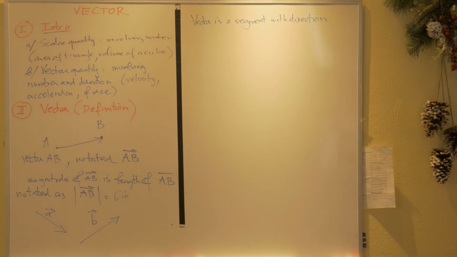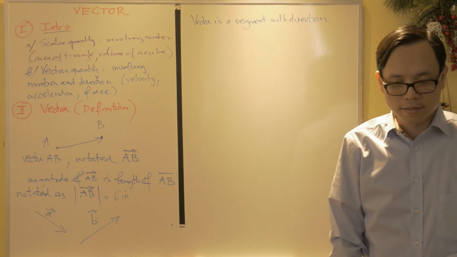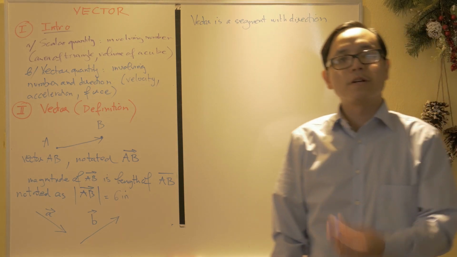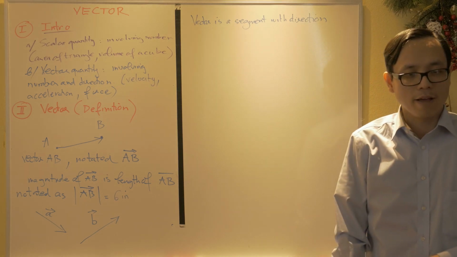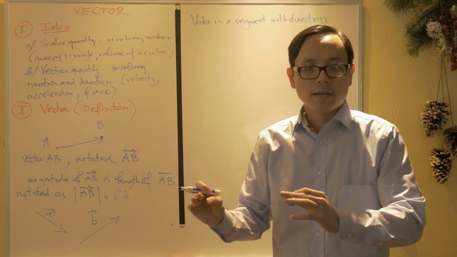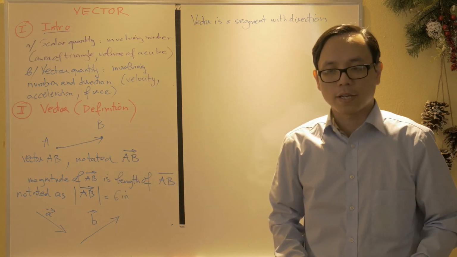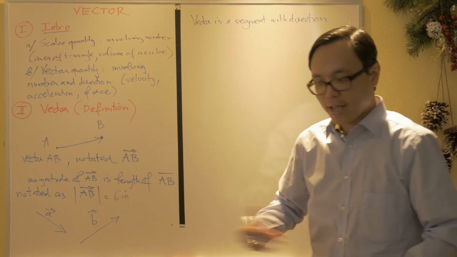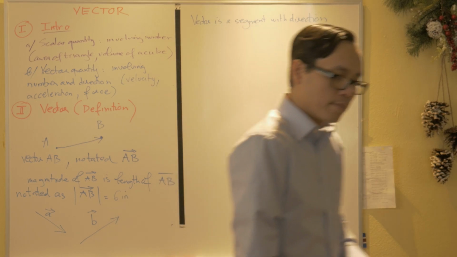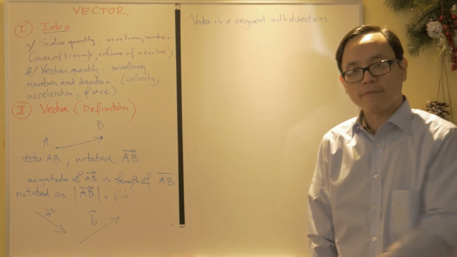And because vectors are segments, and in space we have congruent segments, for example, I draw two segments, and each segment is 6 inches. So I have equal segments. That's the definition of congruent or equal segment we already learned in geometry. Then how about vectors?